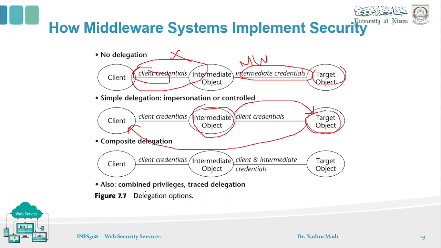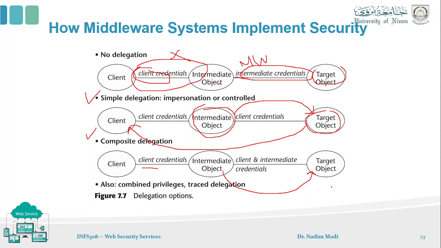Okay, and we have what we call the traced delegation, which is a combination of level 2 and level 3, where the client sends its credentials to the middleware, and the middleware will use the client credentials plus its own credentials in order to talk to the server.